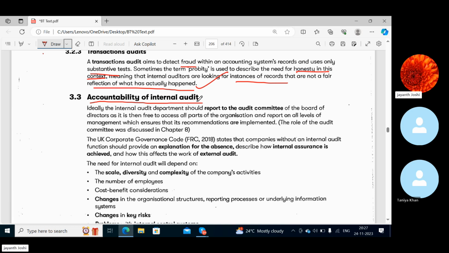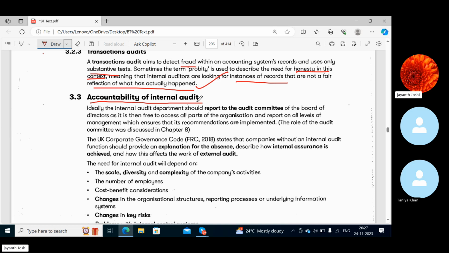So the audit is directly informing the directors. They have to check everything, all levels of management. They have to undergo the audits, and the recommendations they give are very important.